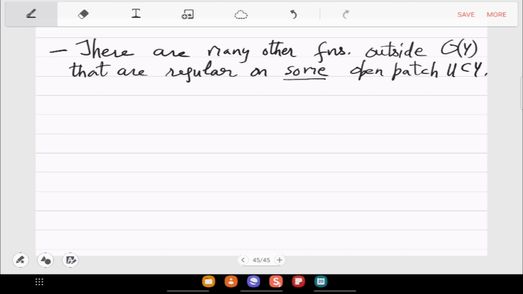It's too strict. So we'll now weaken it to only care about some open patch and not everywhere.